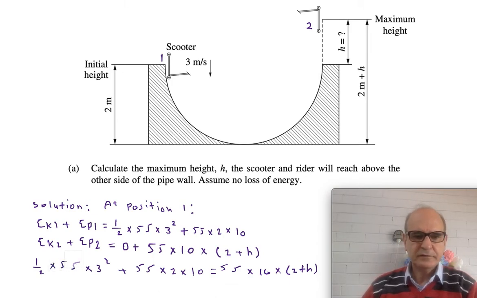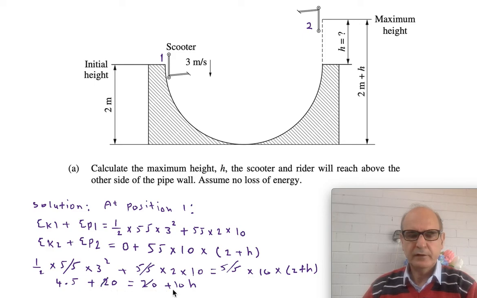Now this 55 is everywhere, we can cancel from both sides, and we get half times 3 squared, which is 9 on 2, or 4.5 if you like. 4.5 plus 2 times 10 is 20, and then you have 10 times 2 is 20 plus 10h, and you cancel out 20 from both sides.